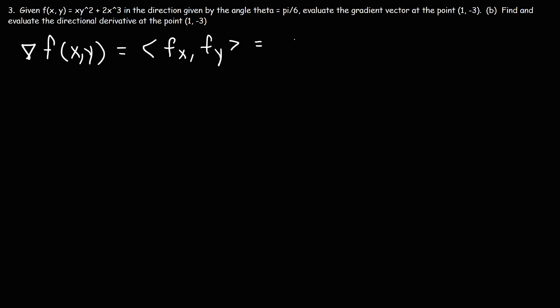Those values are the x and y components of the vector. So that's what we need to do in order to find the gradient vector. We need to find the partial derivative of f with respect to x and y. So let's go ahead and do that.